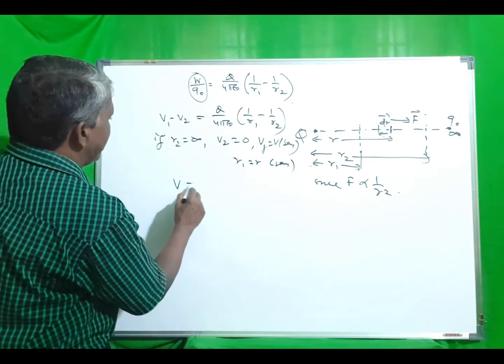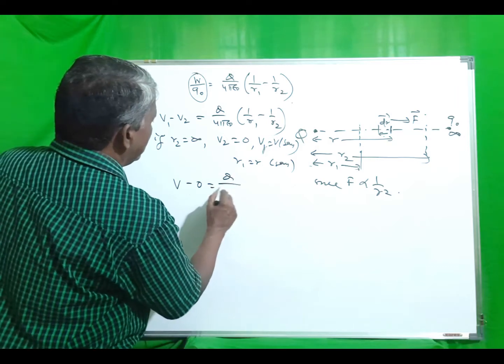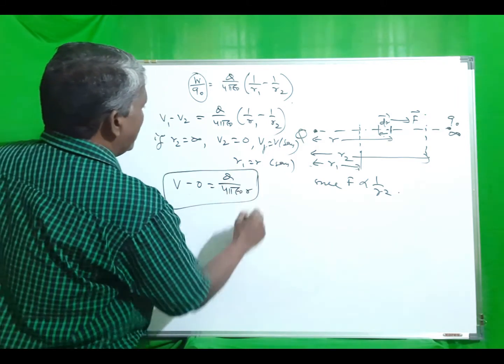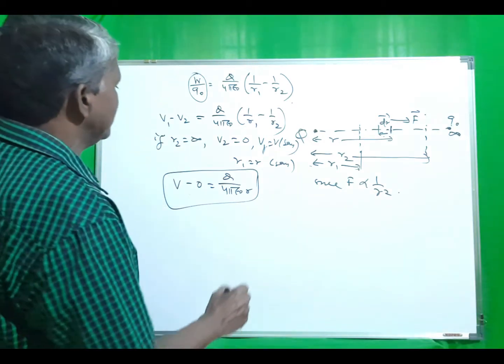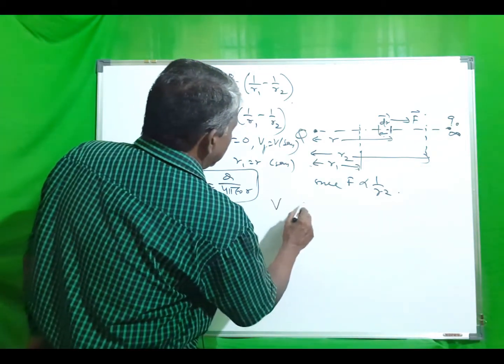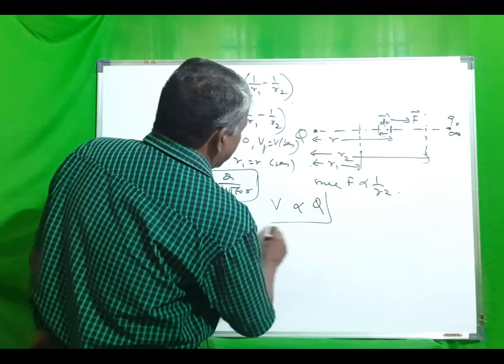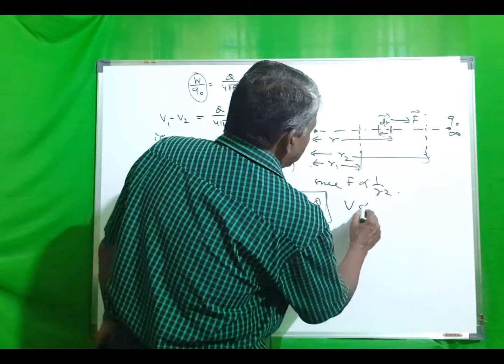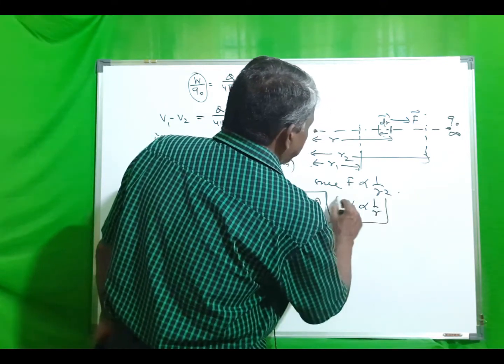Hence V minus 0 is equal to Q by 4 pi epsilon 0 r. So potential at a point is directly proportional to the amount of charge and inversely proportional to the distance from the point.